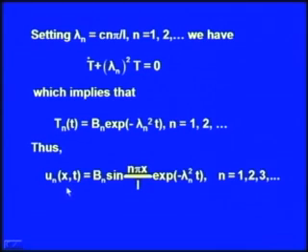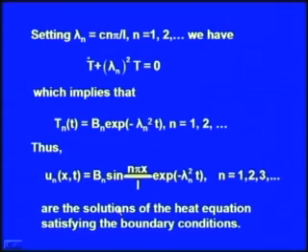So, here we will have u_n(x, t) equal to B_n sin(n pi x over L) into exponential of minus lambda n square into t, for n taking values 1, 2, 3 and so on. So, these are the solutions of the heat equation which satisfy the given boundary conditions, that is, the ends of the bar are kept at temperature 0 throughout.